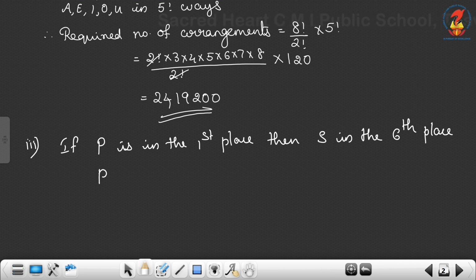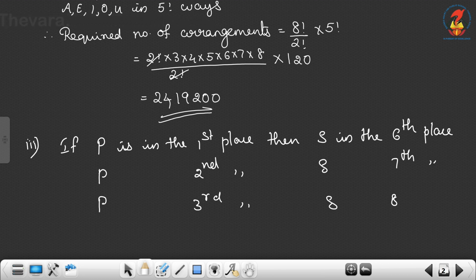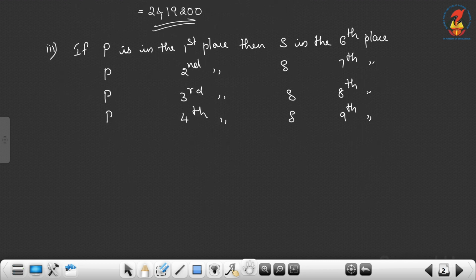Now if P is in the second place, S is in the 7th place, since in the permutation there are 12 places. If P is in the third place, S is in the 8th place. If P is in the 4th place, S is in the 9th place. If P is in the 5th place, S is in the 10th place.